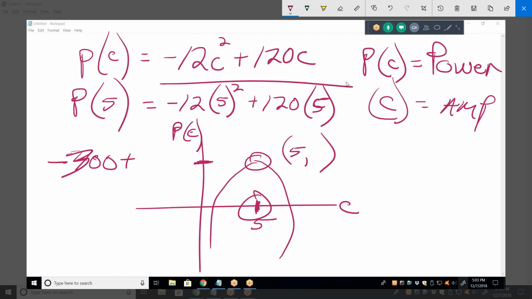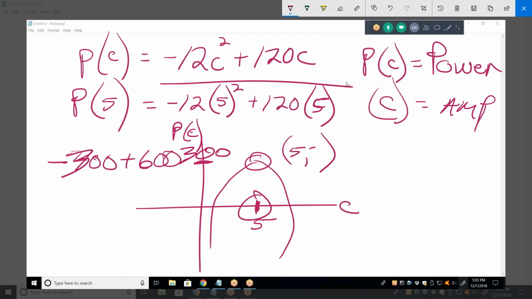Plus, 120 times 5 is 600. So the amount of power produced is going to be 300, in whatever units they give.